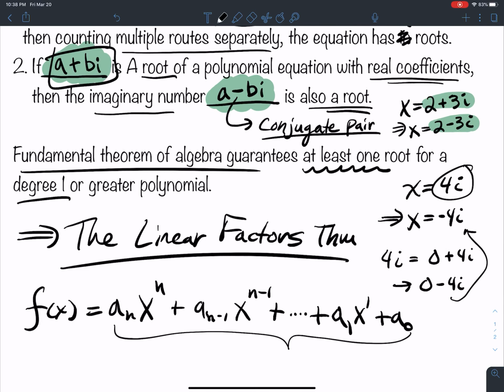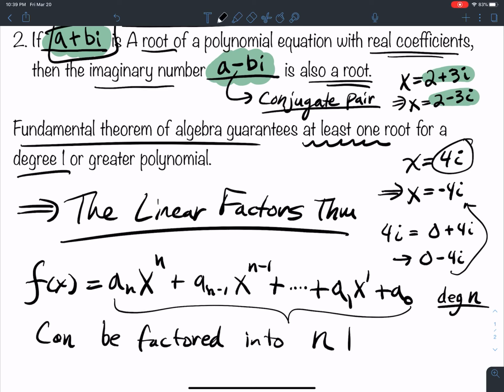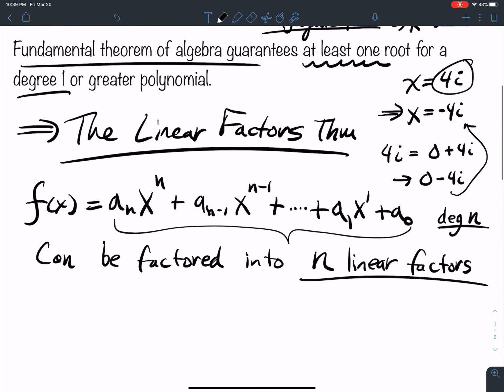So this is just a degree n polynomial, okay? This can be factored into n linear factors. Now, they may not be distinct, but there are n linear factors.